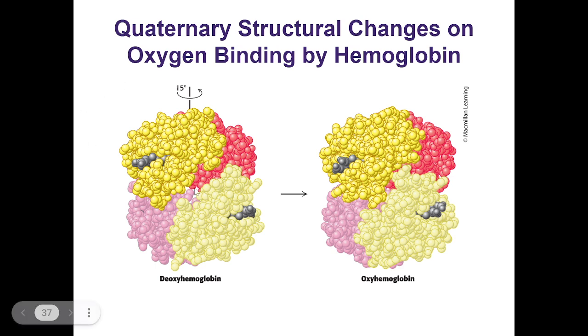It will only lock it into this T state. It can't get in here for the R state. Or another way of saying that is if it actually came in here and successfully started binding, it would force this open. Exactly, a bit like water forces salt ions to come off.